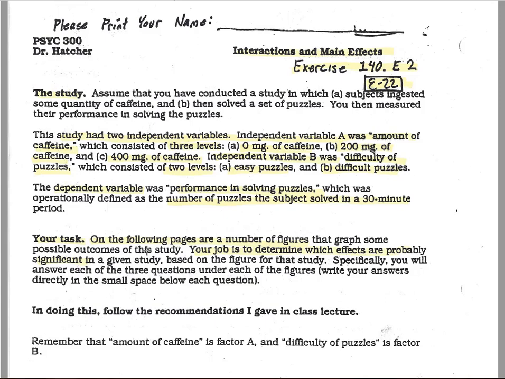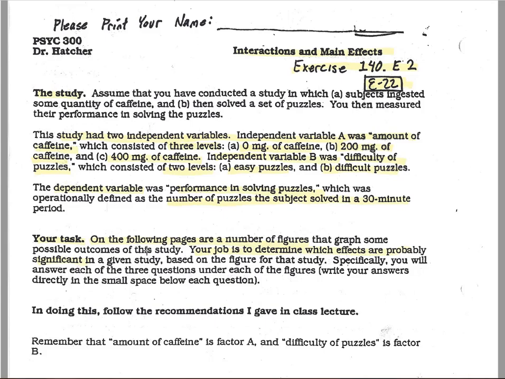On the following pages are a number of figures that graph some possible outcomes from this study. Your job is to determine which effects are probably significant in a given study based on the figure for that study. Specifically, you'll answer each of the 3 questions under each of the figures.